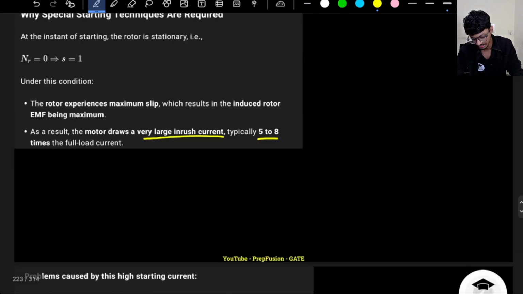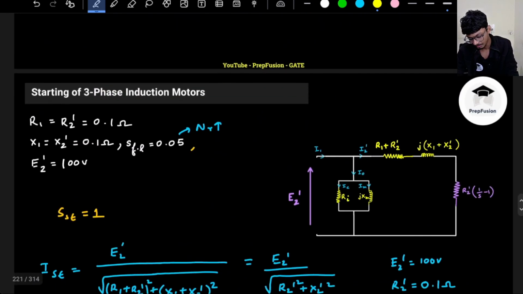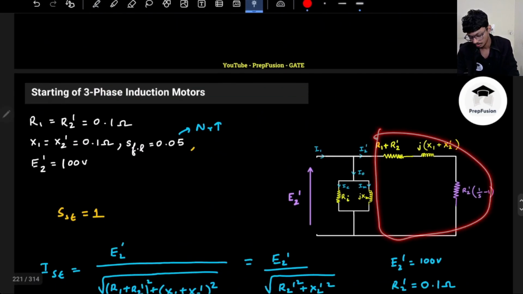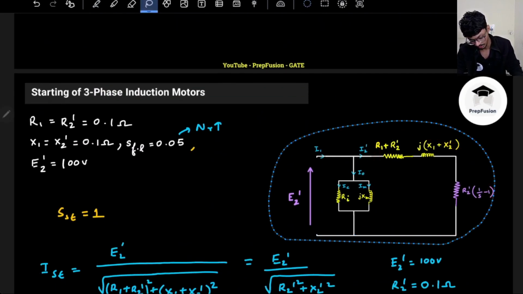So if I bring you the circuit again, air gap power is this whole power, right? Now what is the power consumed here totally?